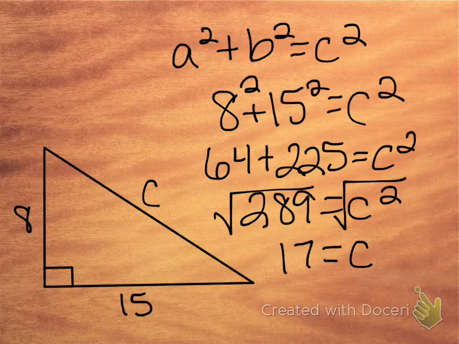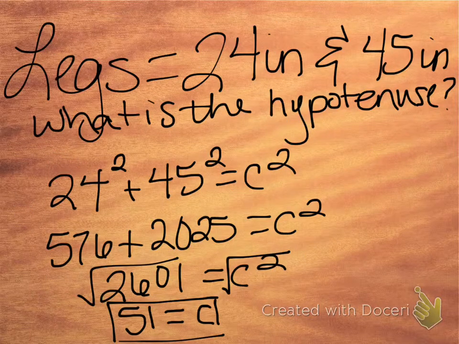Now remember, if this was in inches or centimeters, we'd have to label it in whatever the label is that we're given. Another example, if we're told the legs equal 24 inches and 45 inches and are asked what is the hypotenuse, we would simply set this up the same way, because 24 squared plus 45 squared, those would be our legs, equals C squared, which is our hypotenuse. 24 squared is 576. 45 squared is 2,025.